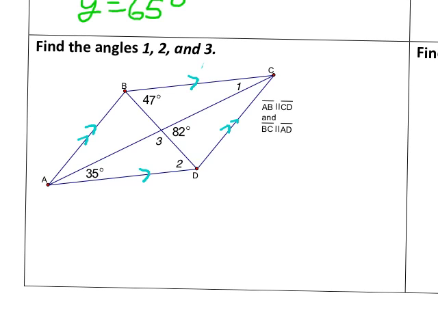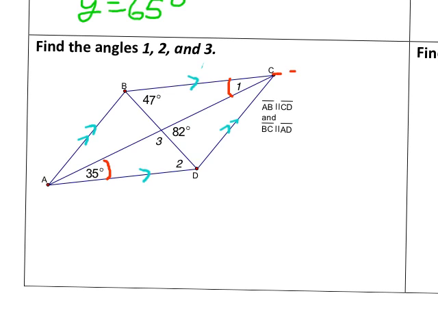So here we go. BC is parallel to AD. Let's worry about angle 1 first. I know from way back in geometry A that the angle is 35. That angle is congruent to angle 1 because they're alternate interior angles.